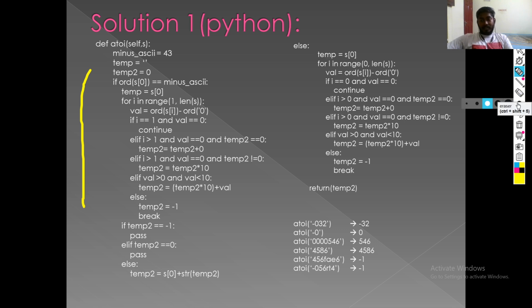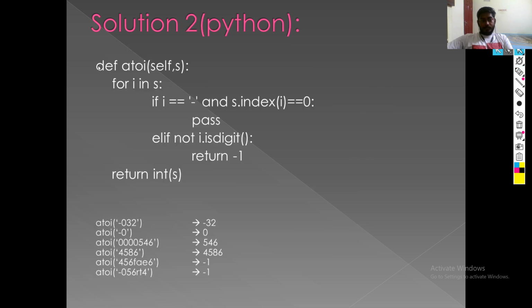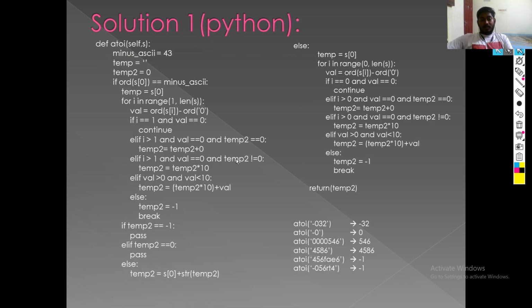There is also a simplified version of this solution. This is a much more simplified version of atoi. The reason why I am taking the first approach is that we must learn the base concept, how it actually works, right?